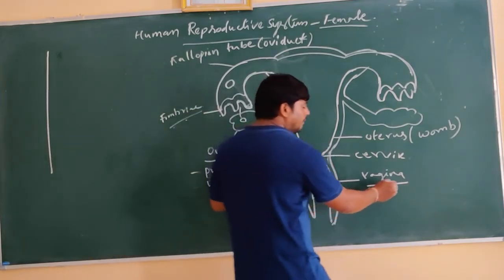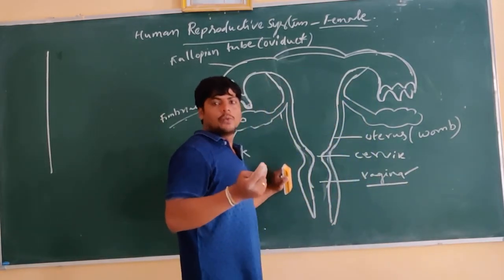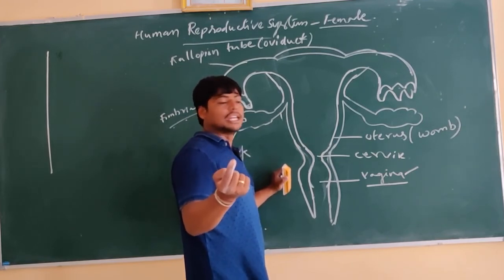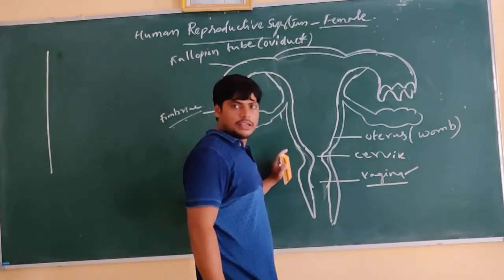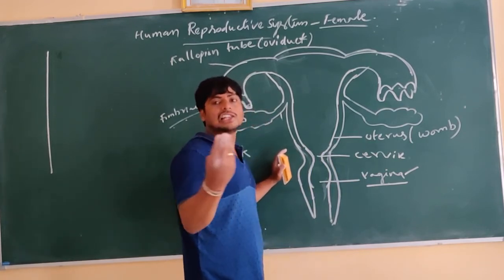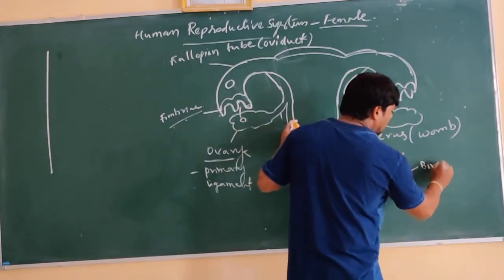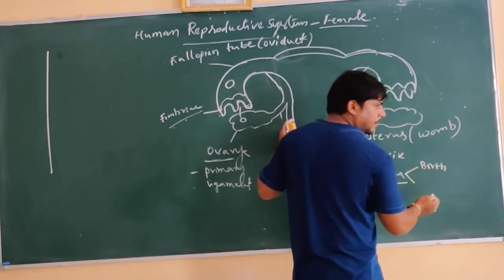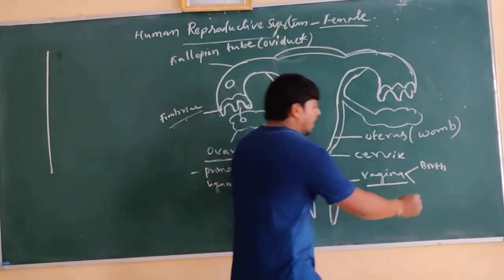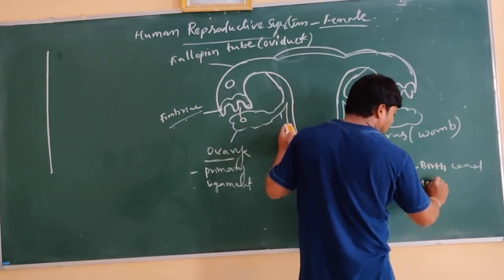So the vagina shows two functions. One, it is called the birth canal, where the delivery is occurring through this vagina. And also the menstrual flow occurs through the vagina. Why? Because the delivery is going to occur through this vagina only, and also the menstrual flow.